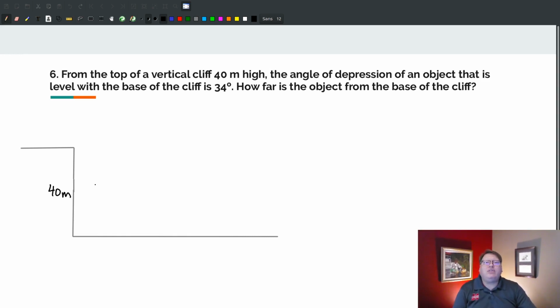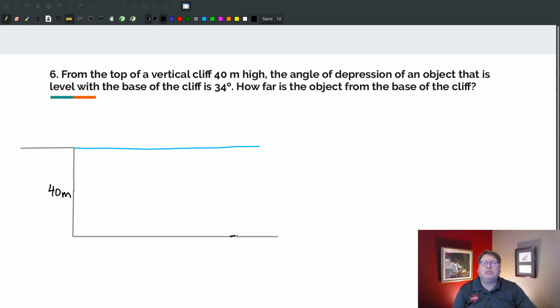And the angle of depression of an object that is level with the base of the cliff is 34 degrees. Okay? So we know we're measuring, again, from a horizontal at the top of the cliff. And we know we're looking at an angle of depression, so we're going to draw that to some object down here. We don't even know what this object is.